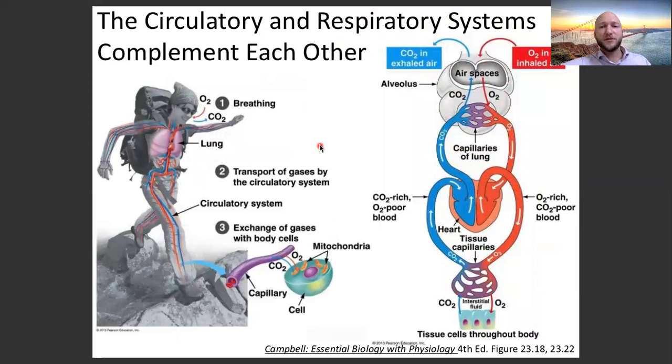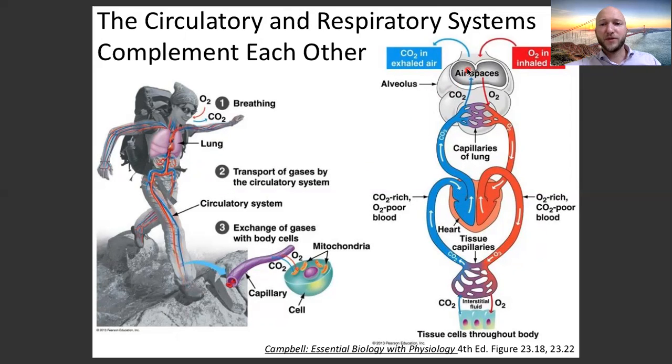The circulatory and respiratory systems complement each other. On day one of this class, we talked about how we're going to talk about systems in isolation, but really they all work together. The respiratory system and the circulatory system are really closely linked. They work together to get the job done of bringing nutrients to our tissues and waste products out of our bodies.